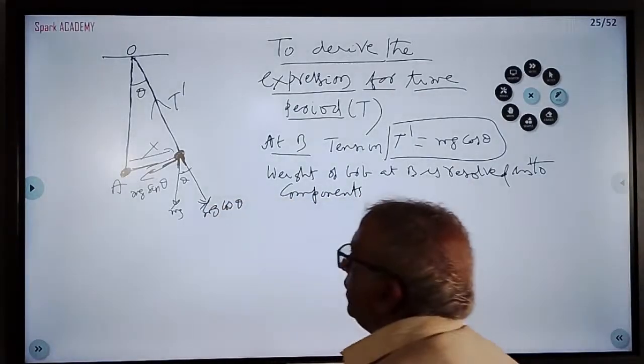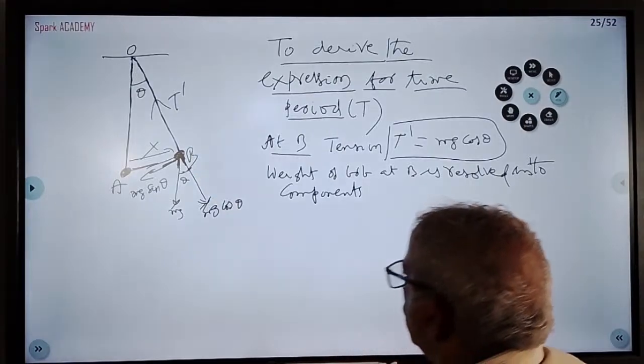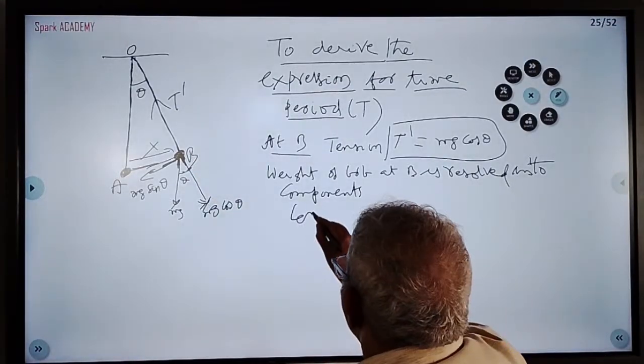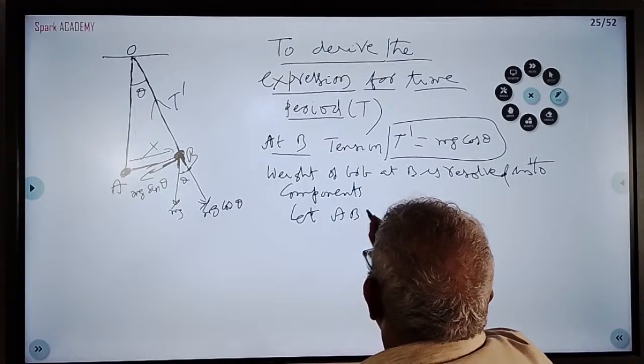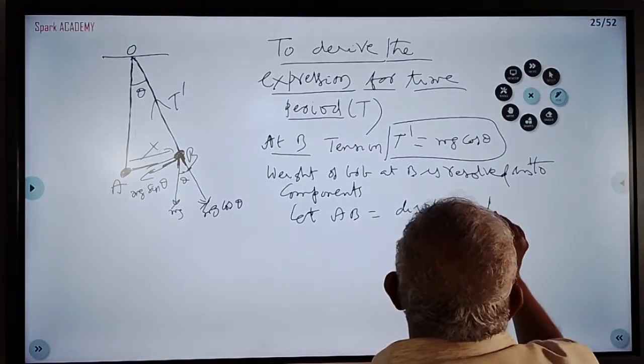So A to B displacement is what? X. This is B point. So let AB be displacement X.